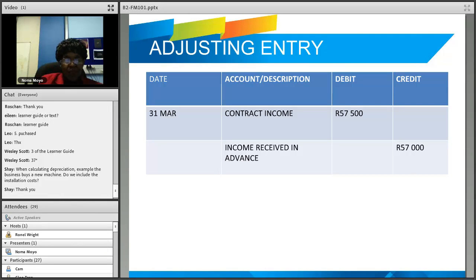We have our bank, we have recorded it. I'm now looking at that. Because it's only been 1 month, if you look at 60,000, if you say 60,000 minus 2,500, you get your 57,500. So you have contract income, and that income received in advance becomes 57,500.